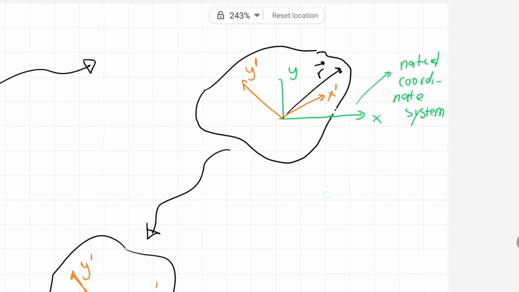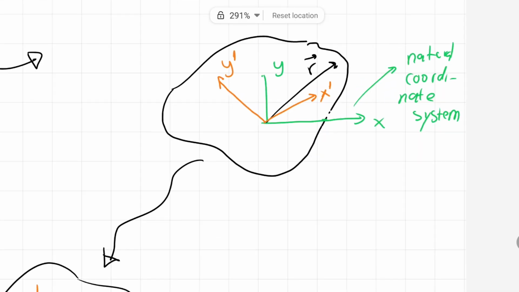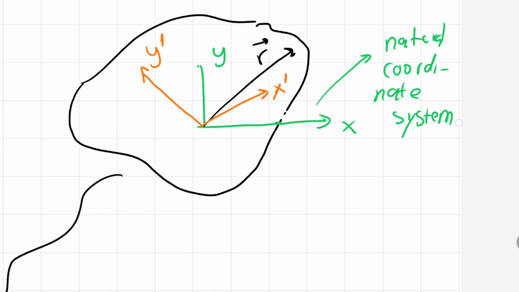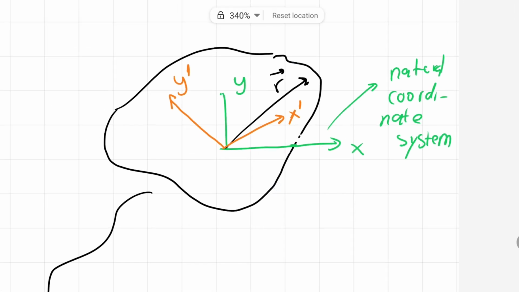First of all, like I did in this natural coordinate system, we can also define a vector for the orange coordinate system, which is going to be the vector r again, but it will have different components.